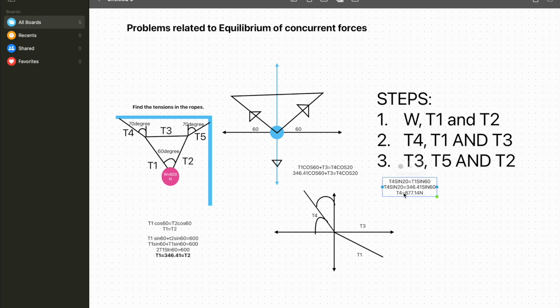So if our T4 is 877.14 Newton, now we will be able to know what our T3 will be.